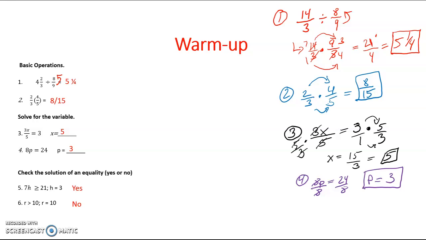All right, that's why we do the inverse operation. Remember, number 3 and 4, our goal is to isolate that variable. And once we actually isolate that variable, we know what number that variable is.